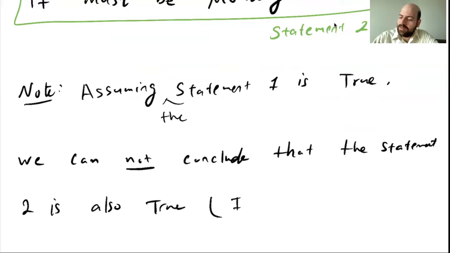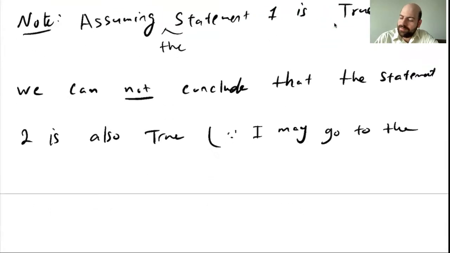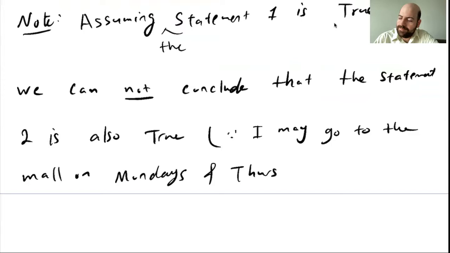Because I may go to the mall on Mondays and, let's say, Thursdays. So we cannot conclude that statement 2 is true, because it's possible that on Thursdays I also go to the mall. But I'm not saying that it cannot be true.